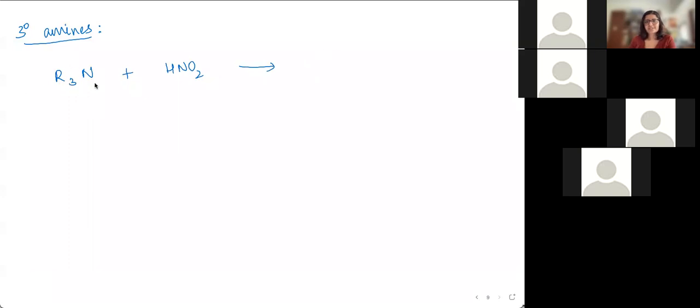Tertiary amines have the highest basicity. So in this case, you end up having a normal acid-base reaction.